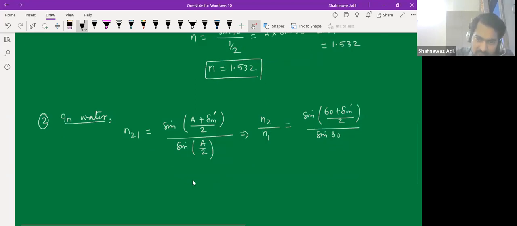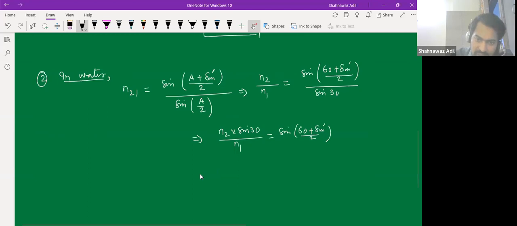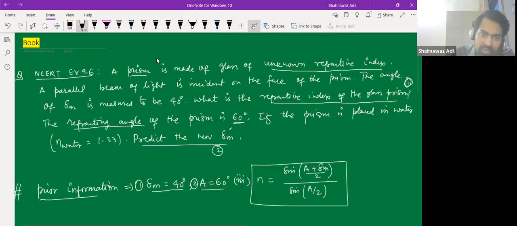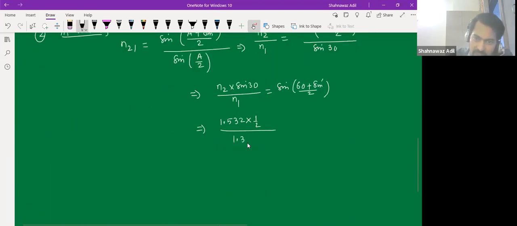So that would be how much? N2 into sine 30 divided by N1 is sine of (60 plus delta M) by 2. N2 we have calculated, that is glass, 1.53, into 1 by 2, and divided by N1, which was given as 1.32.